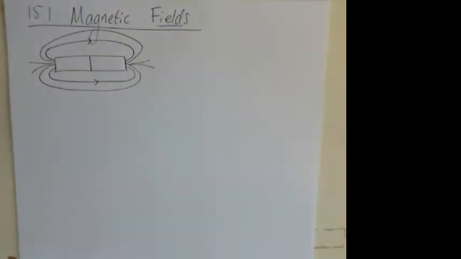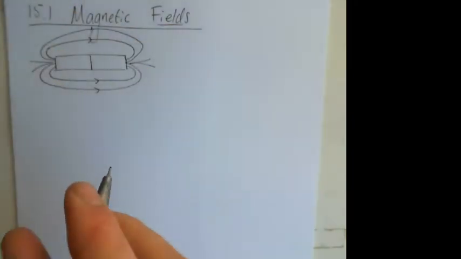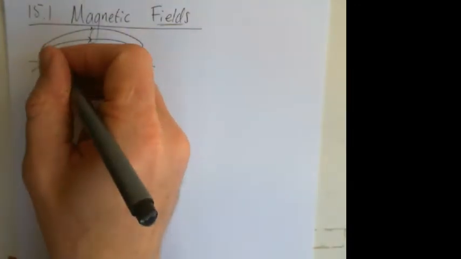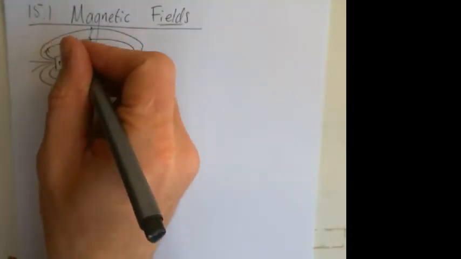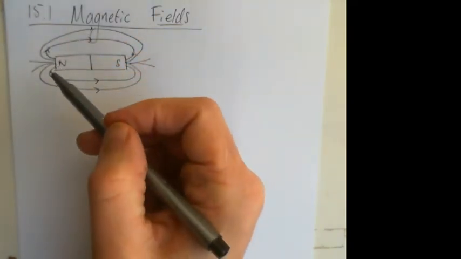Okay, so the next thing we need to know is which one's north and which one's south. Well, the thing with these arrows is these arrows always point the same way. You always start at the north and the arrows go to the south. So if you look at my circle here, I started at the north and I went all the way around to the south. Okay, so you go from north to south.